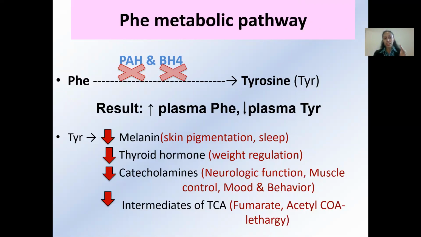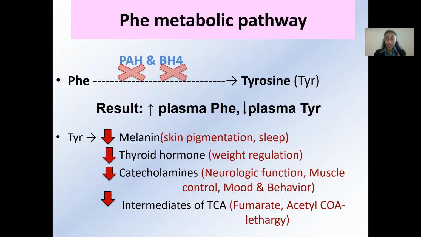This low tyrosine level can affect the synthesis, production, and activation of melanin. Now, melanin is the pigmentation which gives skin coloration, hair coloration. So, in PKU patients, you have these pigmentations reduced. Now, in relation to sleep, which I have mentioned over here, that is in relation to the synthesis and activation of serotonin.